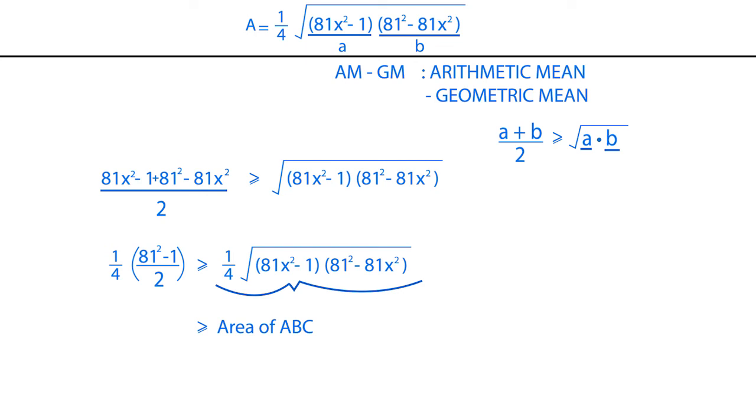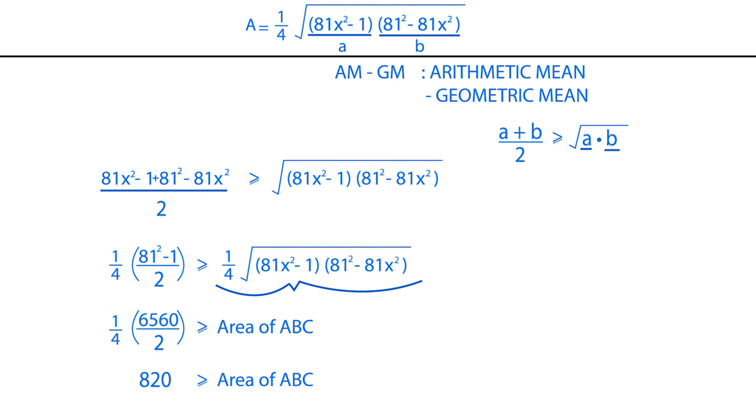And 81 squared minus 1 is 6560. Of course we have to divide by 2 and then multiply by 1/4. This number divided by 2 is 3280, and then divided by 4 you get 820. So the area of ABC is less than or equal to 820.